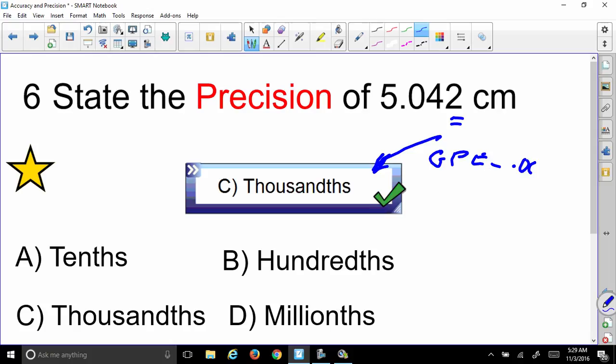0.001, multiply it by half, by 0.5. That would give me 0.0005.